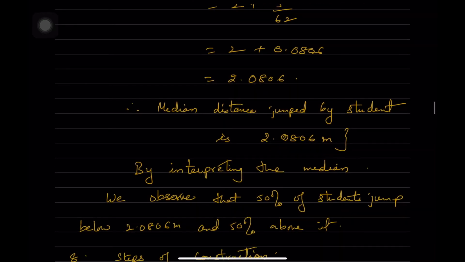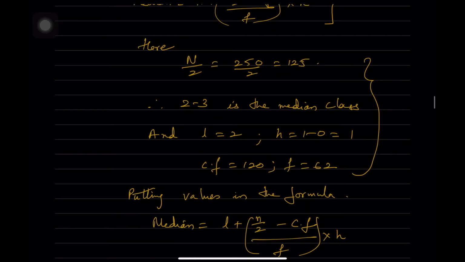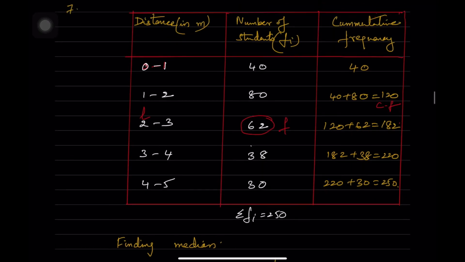Therefore the median distance jumped by the students is 2.0806. By interpreting the median, we observe that 50% of the students jump below 2.0806 meters and 50% above 2.0806 meters.